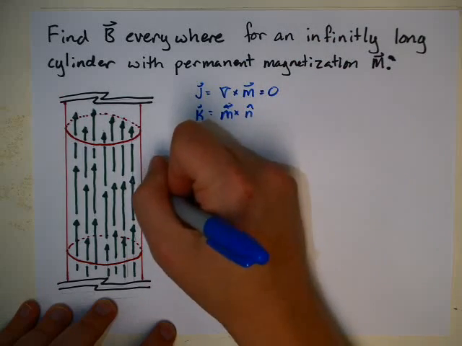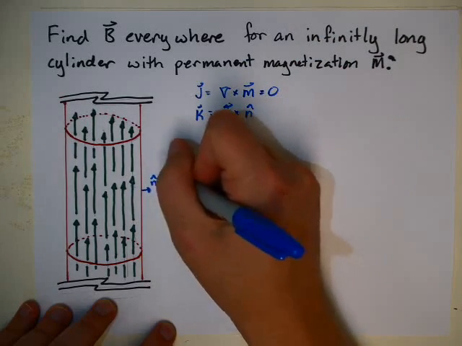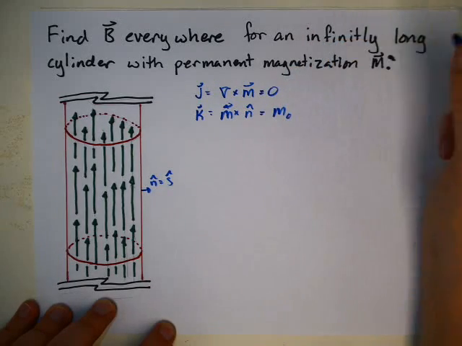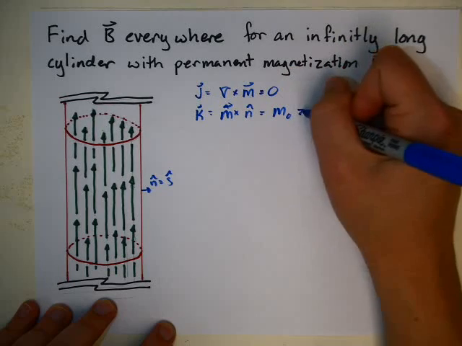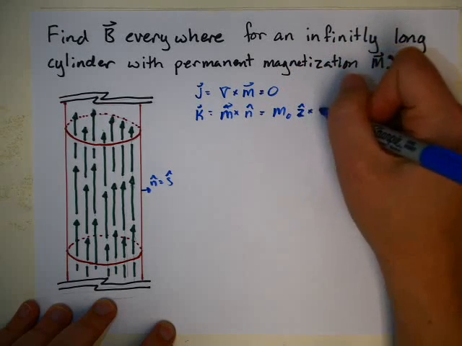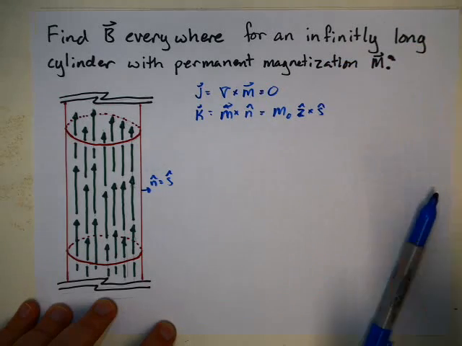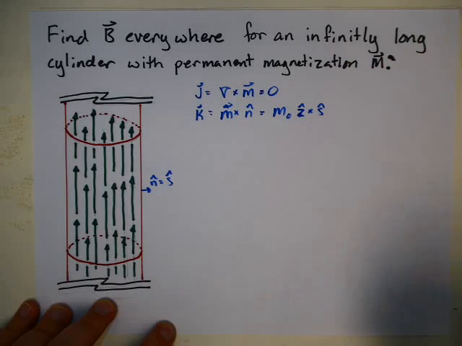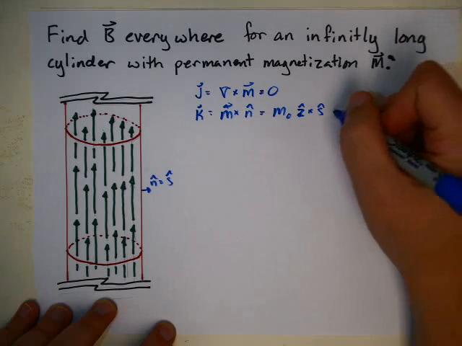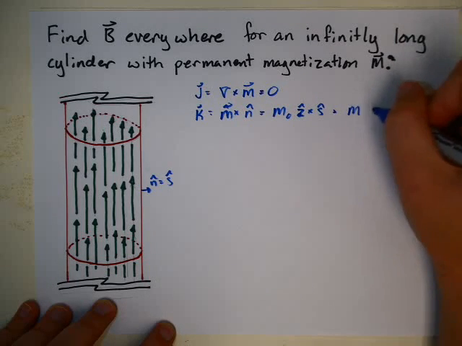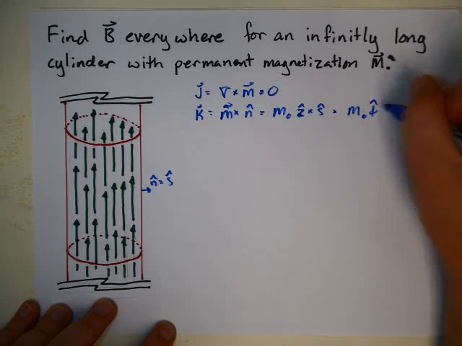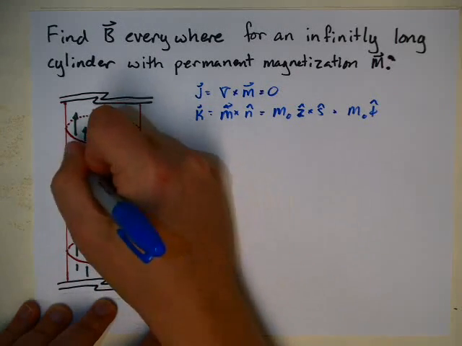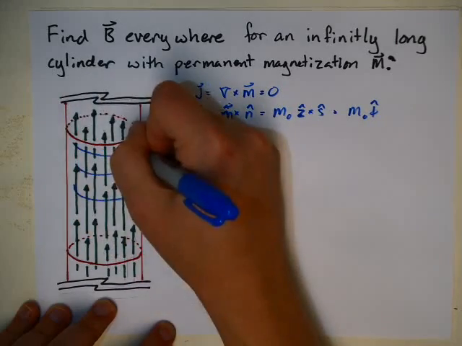In this case, n hat is in the s hat direction, and M is in the z hat direction. So this is M naught z hat cross s hat. Z hat cross s hat is going into the page. Into the page is in the positive phi hat direction. And so this says that my bound surface current is M naught phi hat. And so I have a current that is on the surface going in that direction.